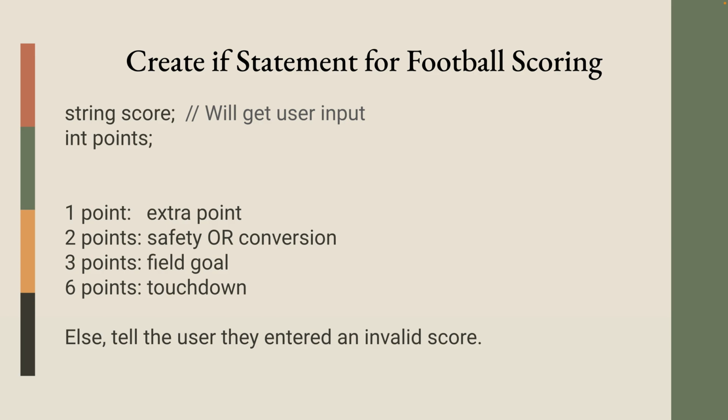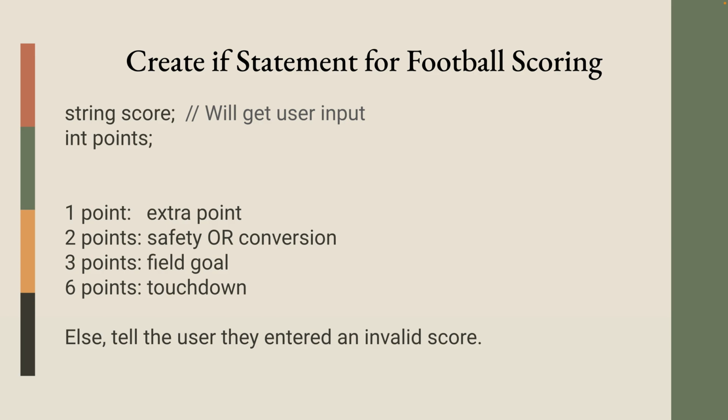Yeah, so the input will be like this range, extra point or whatever, and your job will just be saying what point value the variable points should be. So we want points to be equal to 1, 2, 3, or 6, based on whatever the user types in.